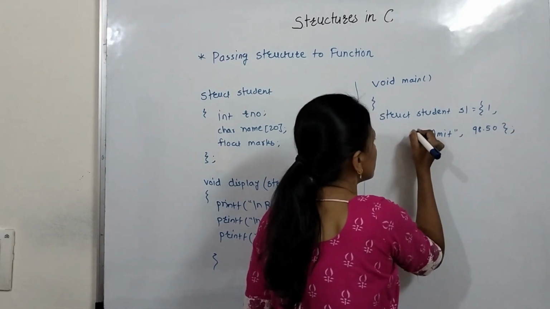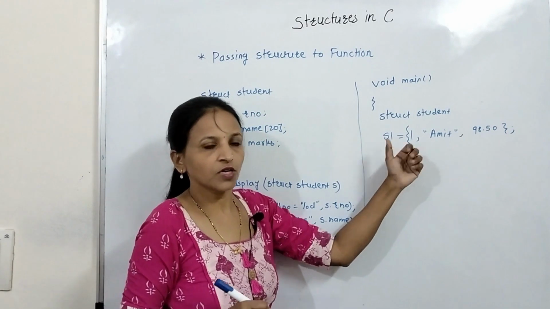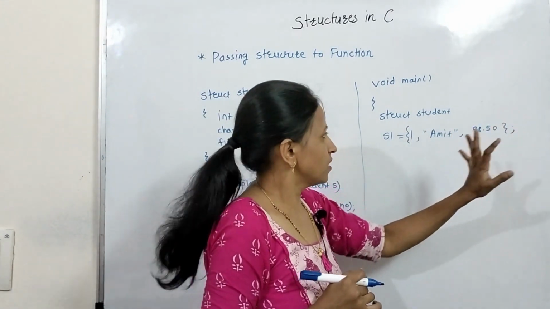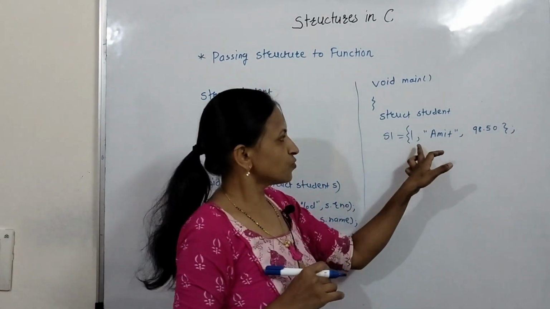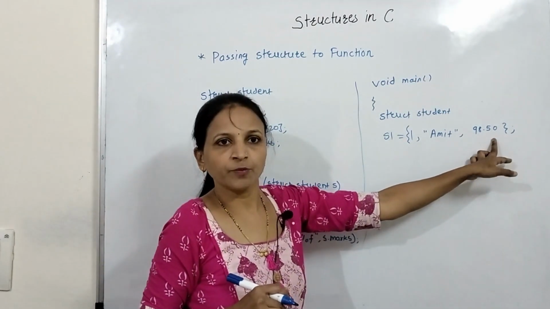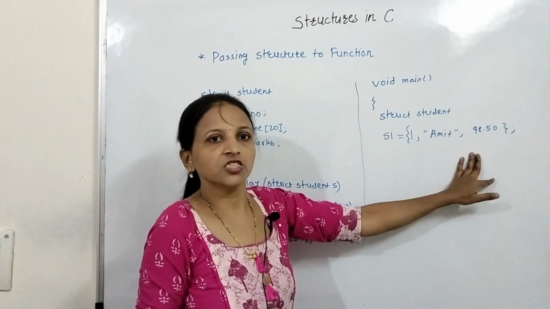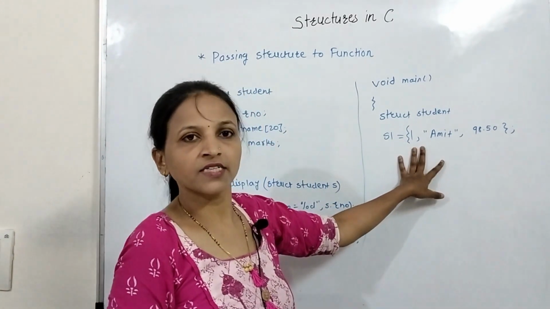I have written it here only because of space. So struct student S1 equals 1, Amit and 98.50. We are initializing that structure variable at the time of declaration only.